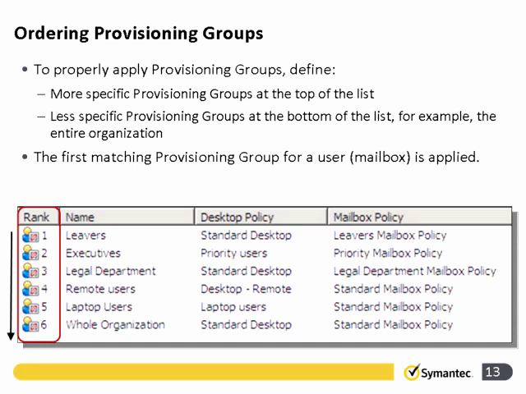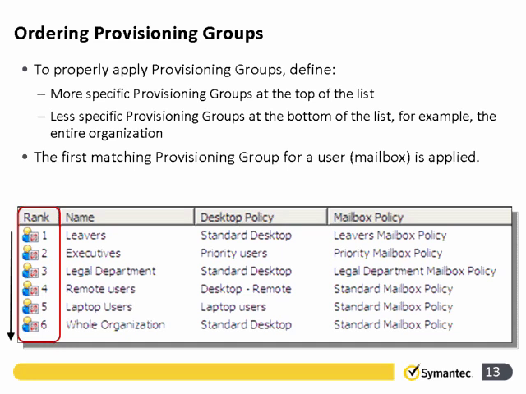So in our example here, the Leavers has a number 1 rank, and the whole organization provisioning group has the lowest rank. Now, when we're going through and actually processing this using the provisioning task, we will process the provisioning group with the highest rank first.